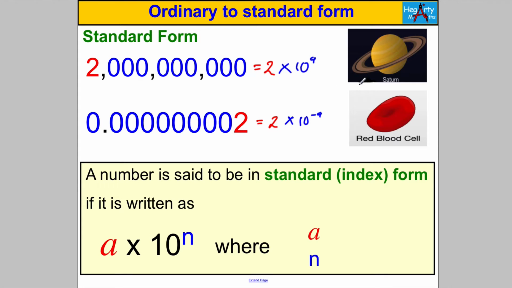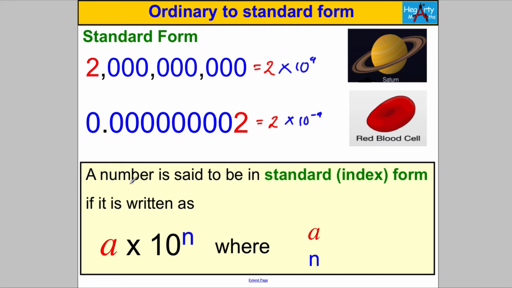When you're dealing with numbers involving planets, etc., then the amount of zeros after the number could be huge, and this is therefore going to be way quicker than writing a 2 and maybe 13 or 14 zeros after it. And similarly, when you're dealing with tiny little things like blood cells, the amount of zeros before a digit might be a massive number, so it's much better to write it in what's called standard form.